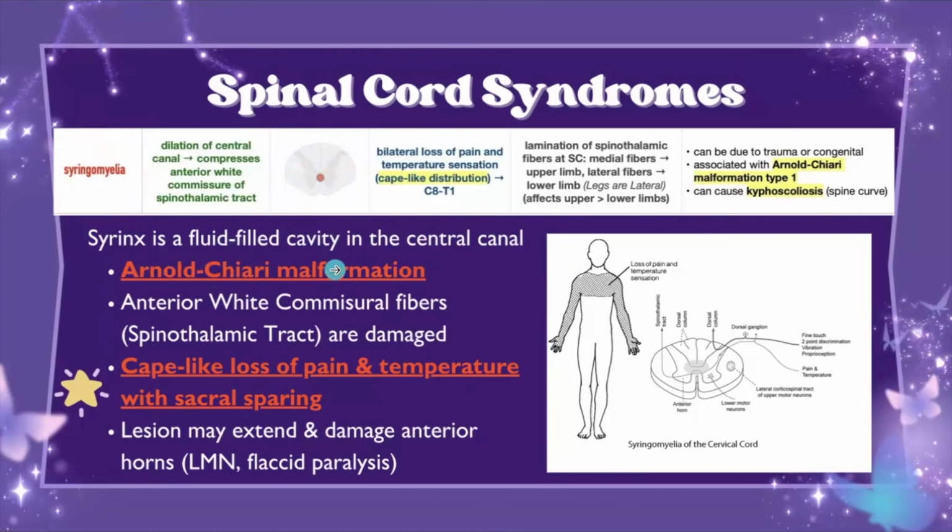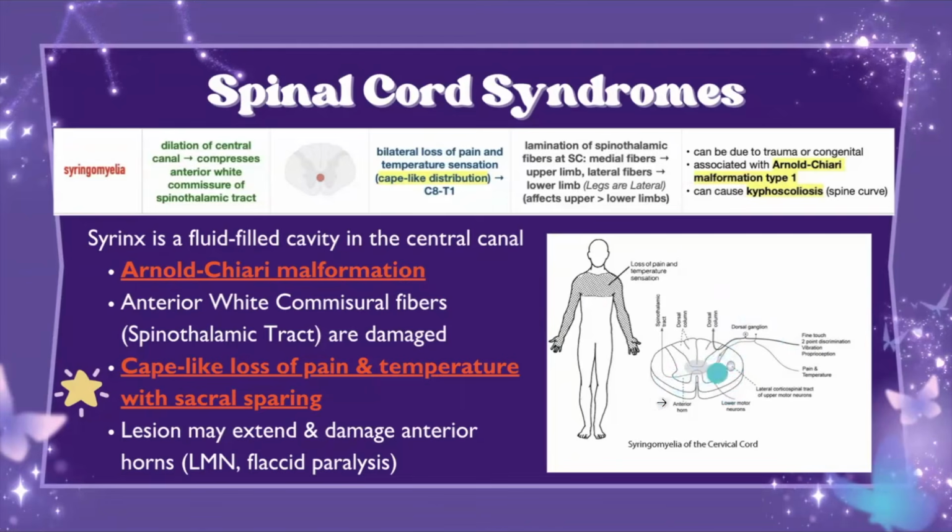This dilation would affect the lateral spinothalamic pathways that are in the cervical regions of the spinal cord. So, do you guys remember when we talked about the anterior white commissural fibers? So remember how the spinothalamic tract would pass by and then cross the midline.